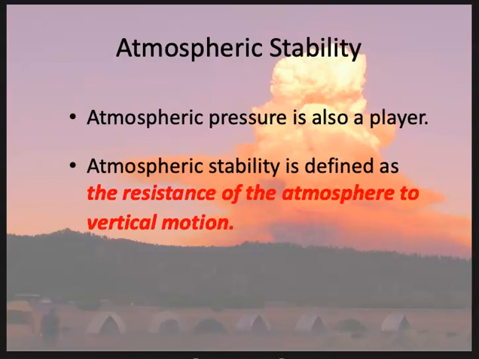So atmospheric stability is defined as the resistance of the atmosphere to vertical motion. Okay, so that's very important that you understand that. Vertical motion. Unstable air, we have vertical motion. Stable air, we don't have vertical motion, but we can have horizontal motion of air.